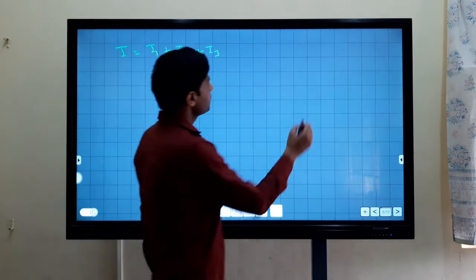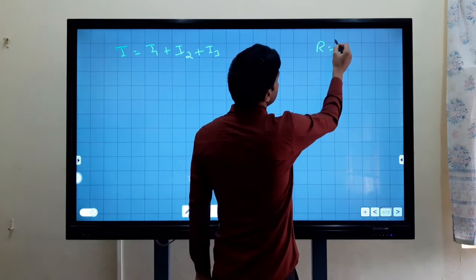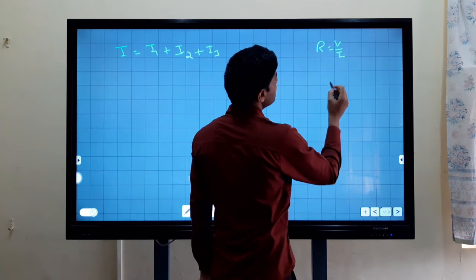This is equation first. According to Ohm's law, R equal to V upon I.